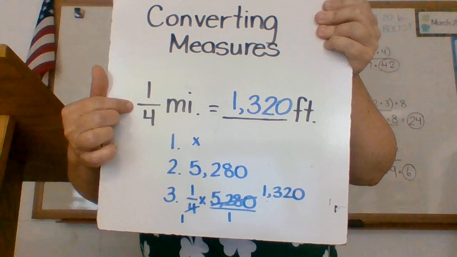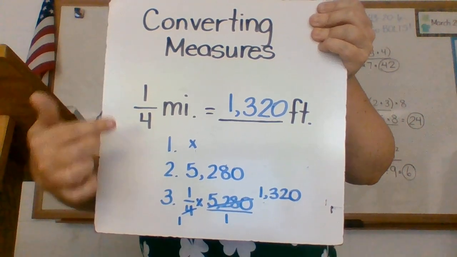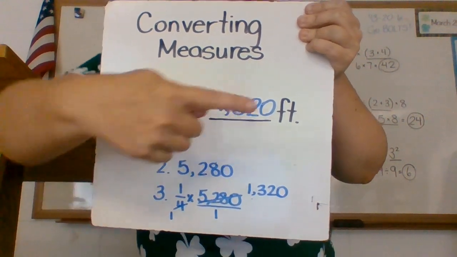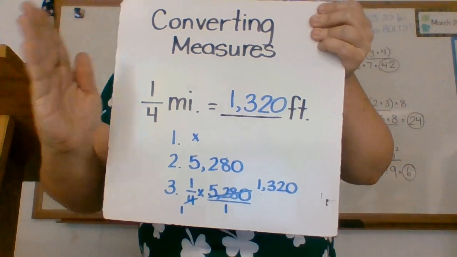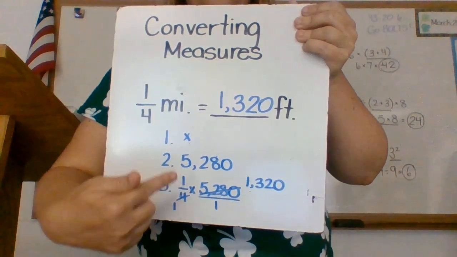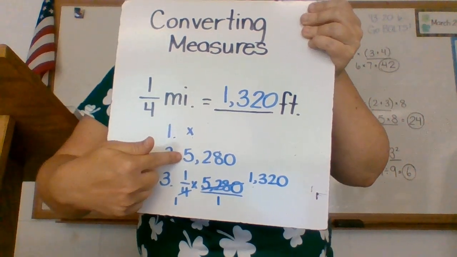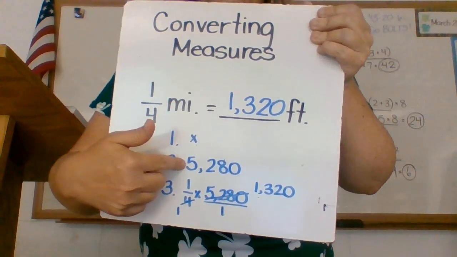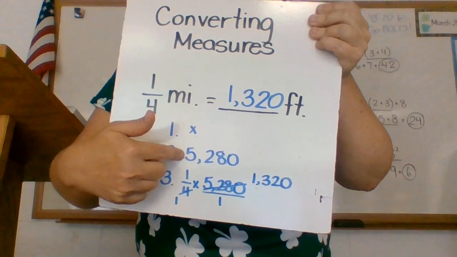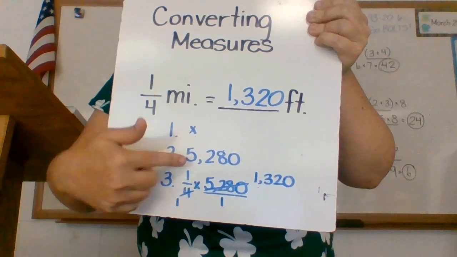What happens when it's 1/4 of a mile? Now remember, we're going from miles to feet. So larger to smaller, we're going to multiply. That's your first step. What are we going to multiply by? Well, again, we know that 1 mile is 5,280 feet, so we set it up to multiply that way.